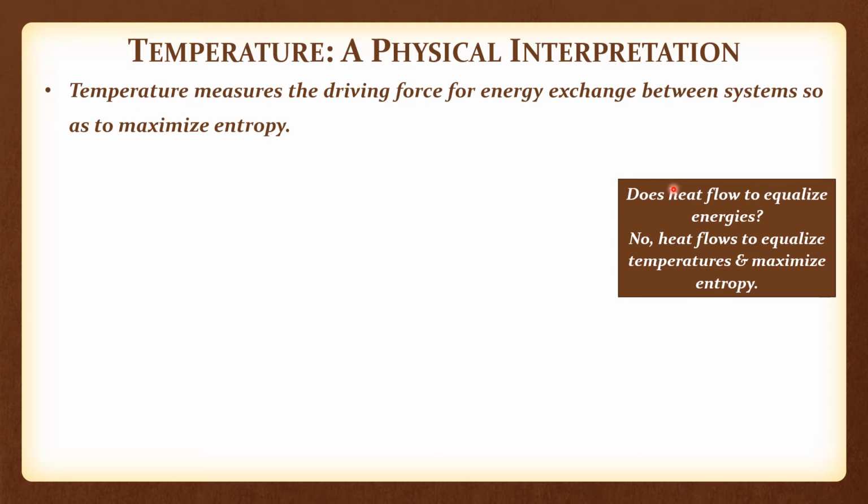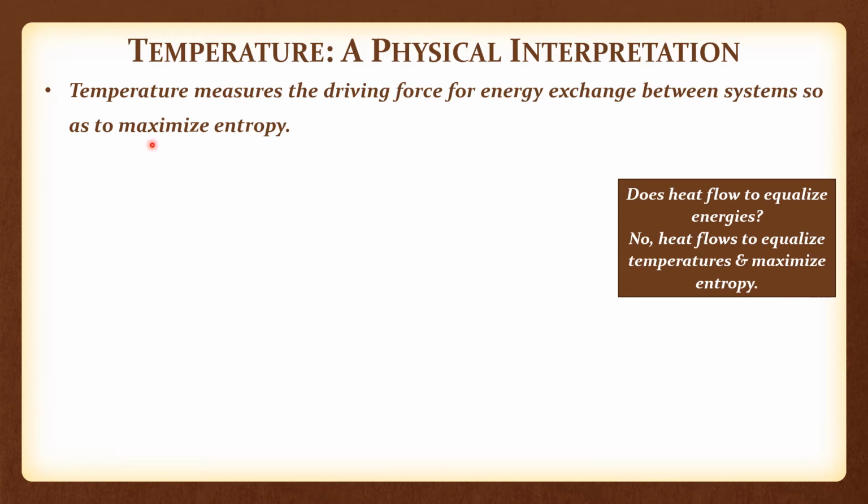But if we are looking at temperature alone, it measures the driving force for energy exchange in the form of heat. That's why I started this whole physical interpretation with this specific leading question.